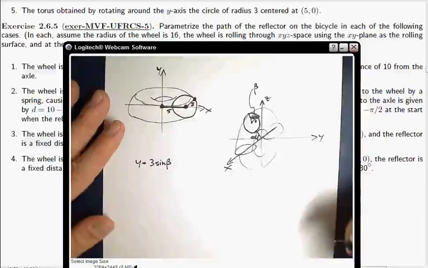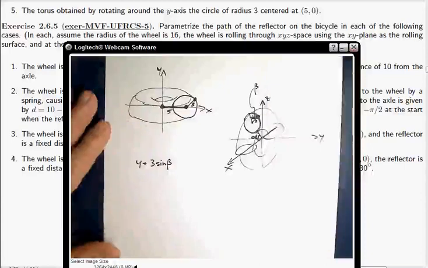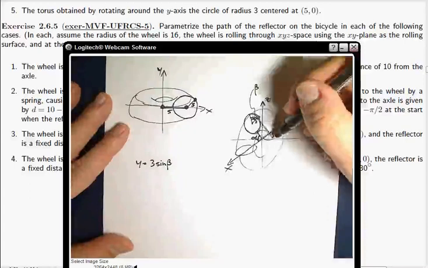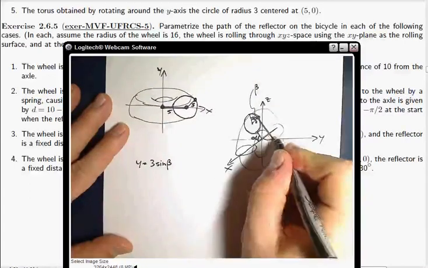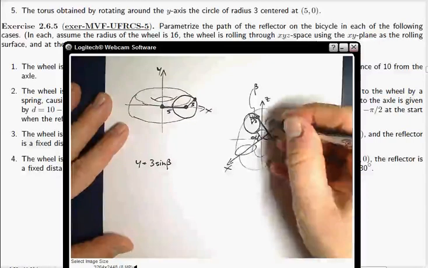Now for the x and the z, I claim that what I'm going to want to do is drop a perpendicular over here to the y-axis. I'd like to know what that distance is.